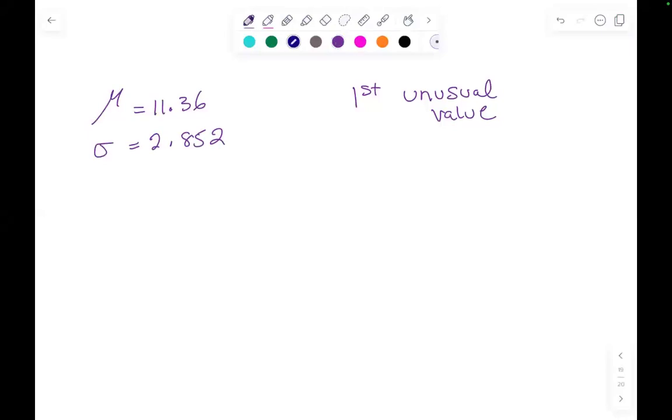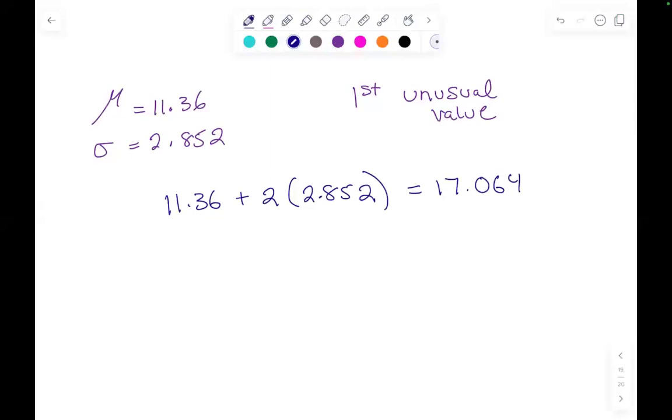So I'm just going to take my mean plus 2 times 2.852. Put that in my calculator. That is 17 plus 0.064. All right.